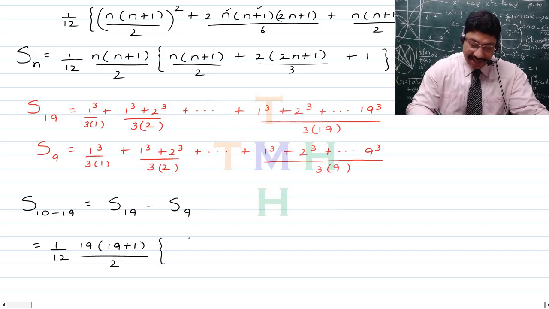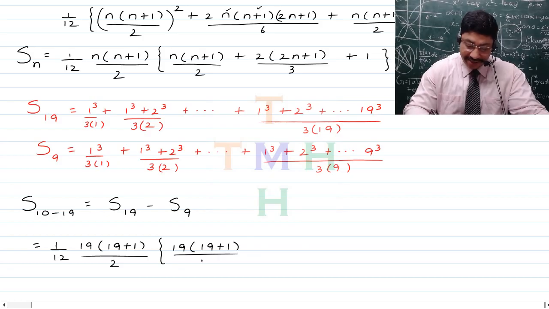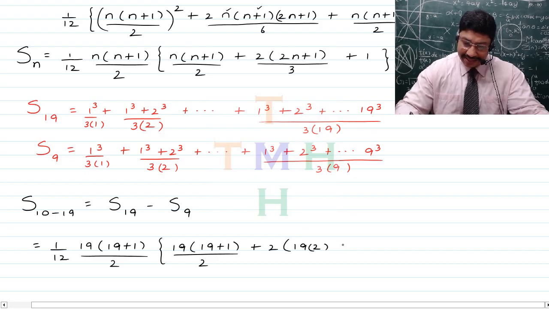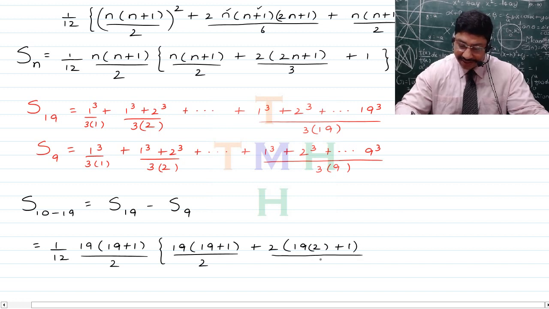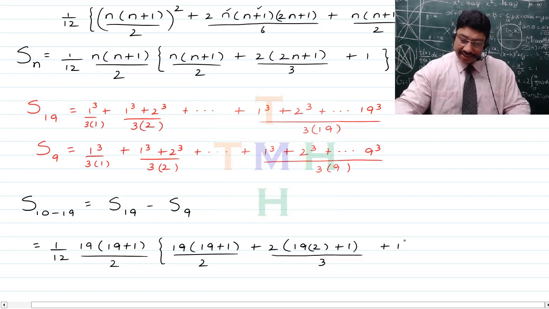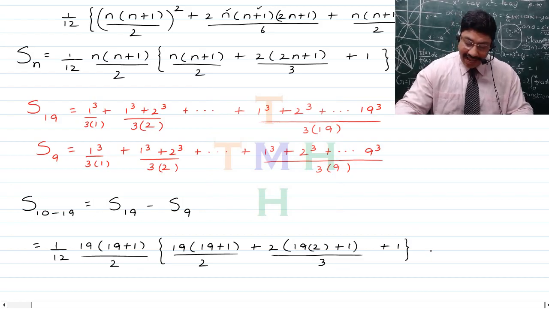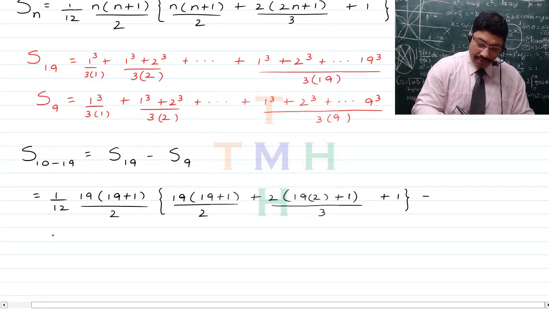And further inside here you will again have 19 multiplied with 19 plus 1 divided by 2, to which is going to be added 2 times 19, and then to it is added 1, and it is divided by 3, and to that is added 1, right? So this is S19, right? And from this is to be subtracted the second term, which is S9.